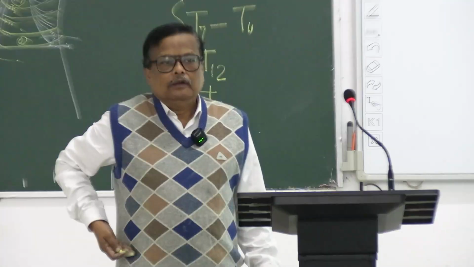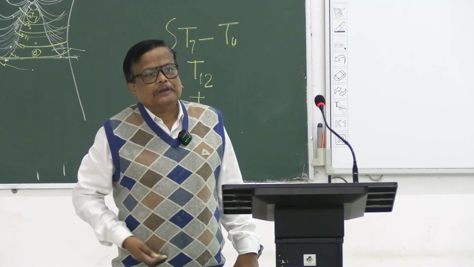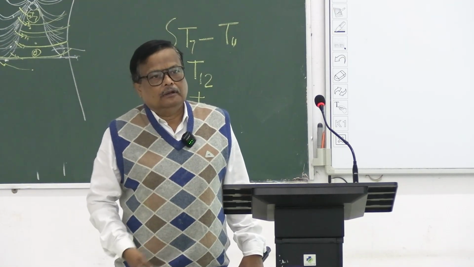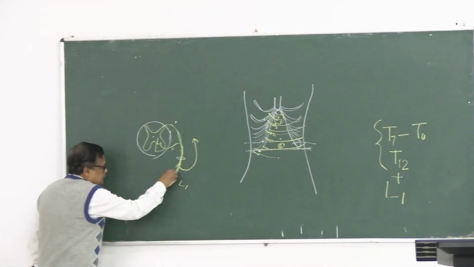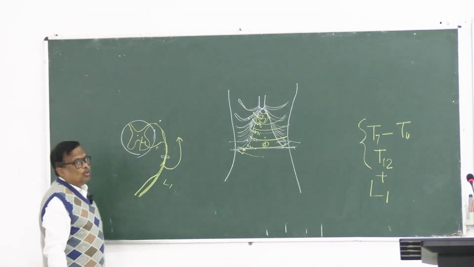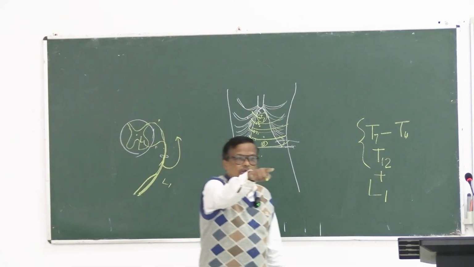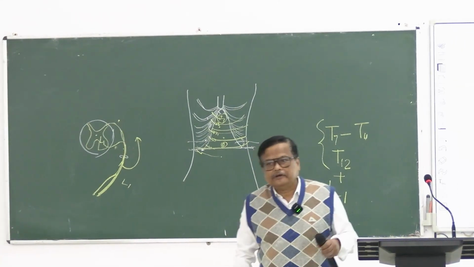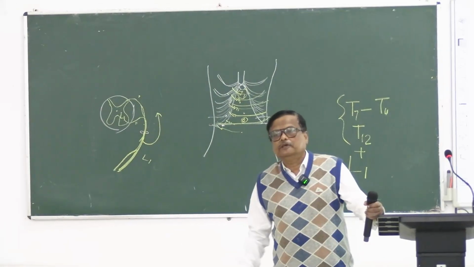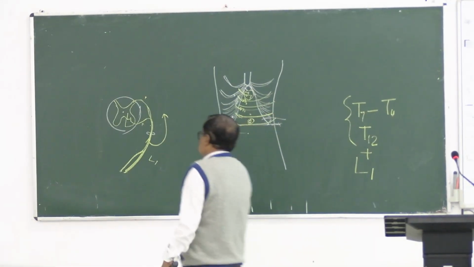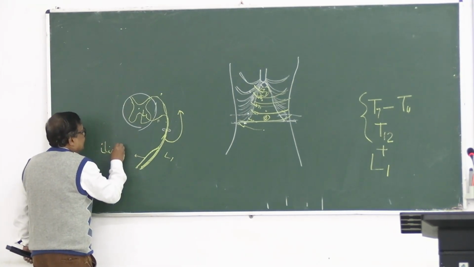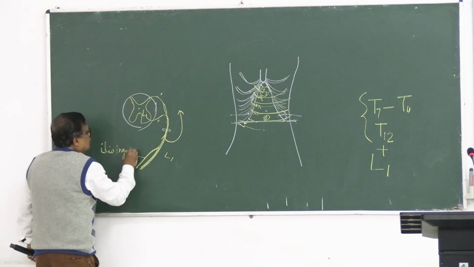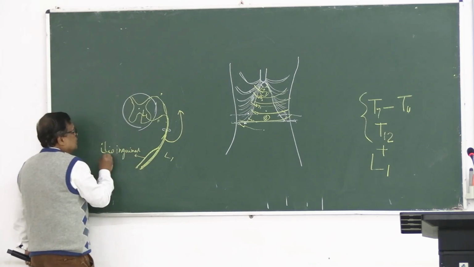Iliohypogastric nerve. Ilio, near the ilium region, hypogastrium, as it passes below the stomach. It is the L1 nerve, and after its origin it gives a branch known as the collateral branch, like the thoracic nerves. Intercostal nerves always give a collateral branch. Similarly, the L1 nerve gives a collateral branch, and this collateral branch is known as the ilio-inguinal nerve, a very important nerve in the chapter of the inguinal region.